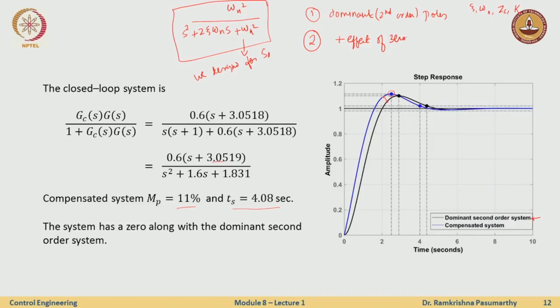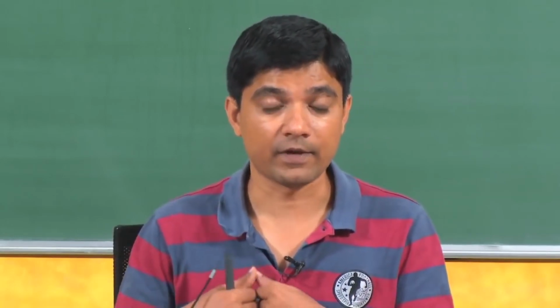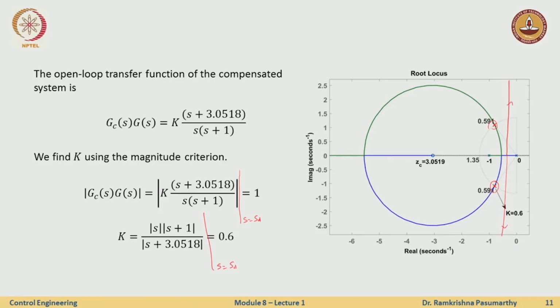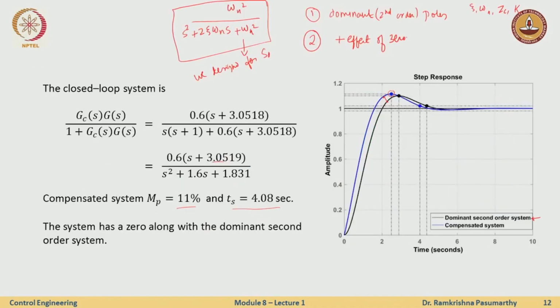So this is still not a constructive procedure to design a lead compensator. This is just following the steps of what we had learnt earlier: if I want my transient performance to improve, I need to pull the root locus to the left. I can do that by adding a 0. Where I add the 0 is given by the angle criterion and the magnitude criterion.